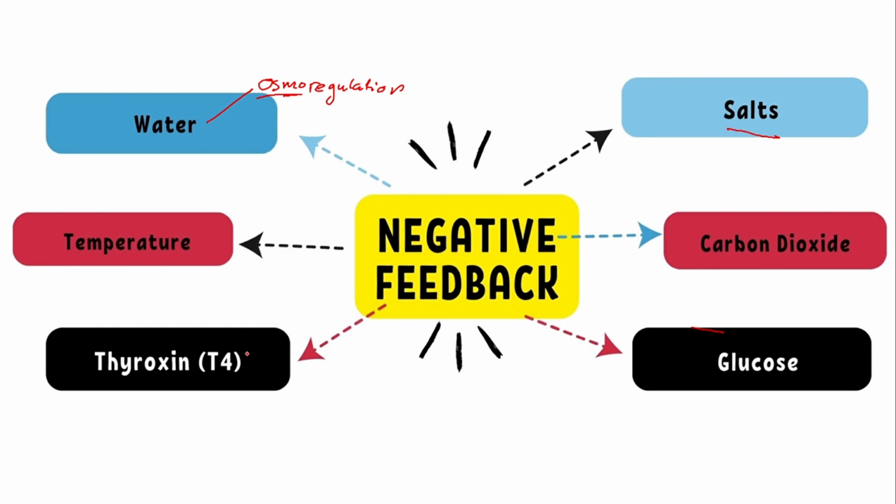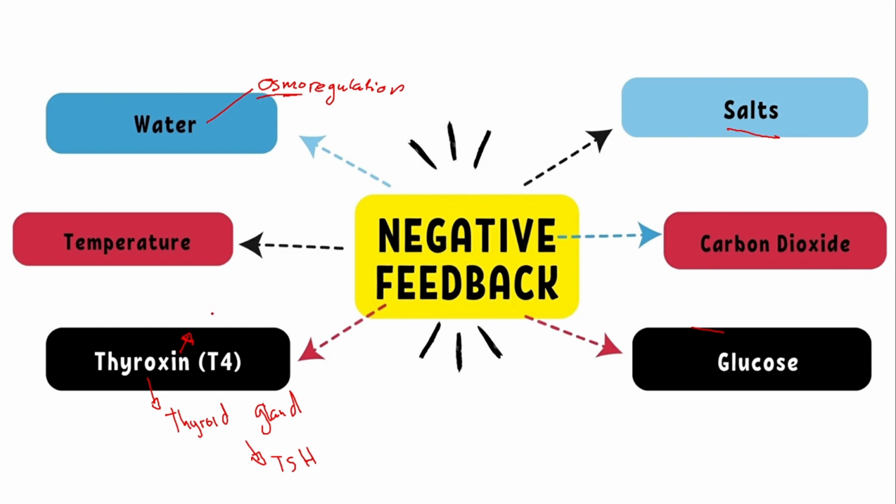And also thyroxin. Now, thyroxin is another hormone that is produced by the thyroid gland. And the thyroid gets stimulated by the hormone produced by the pituitary gland, which is TSH. So TSH will stimulate the thyroid gland to produce thyroxin, which is very important for maintaining your metabolic rate.